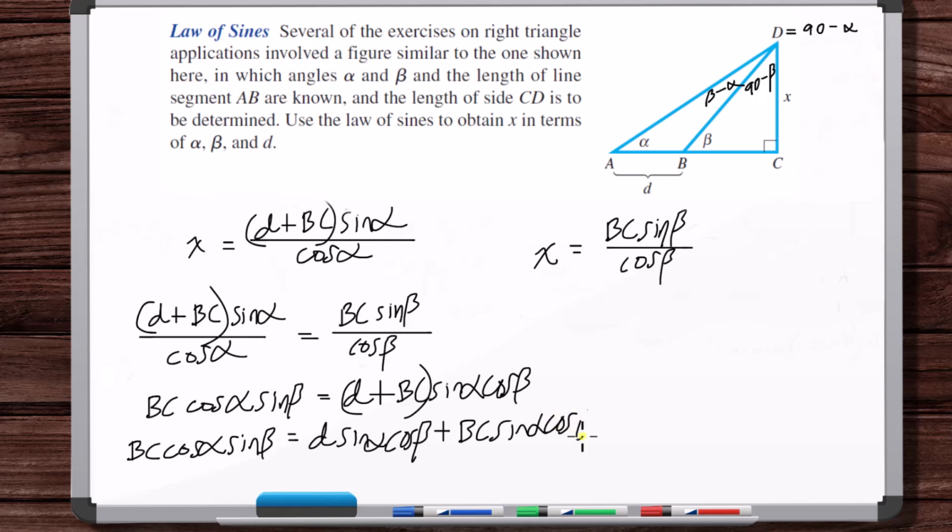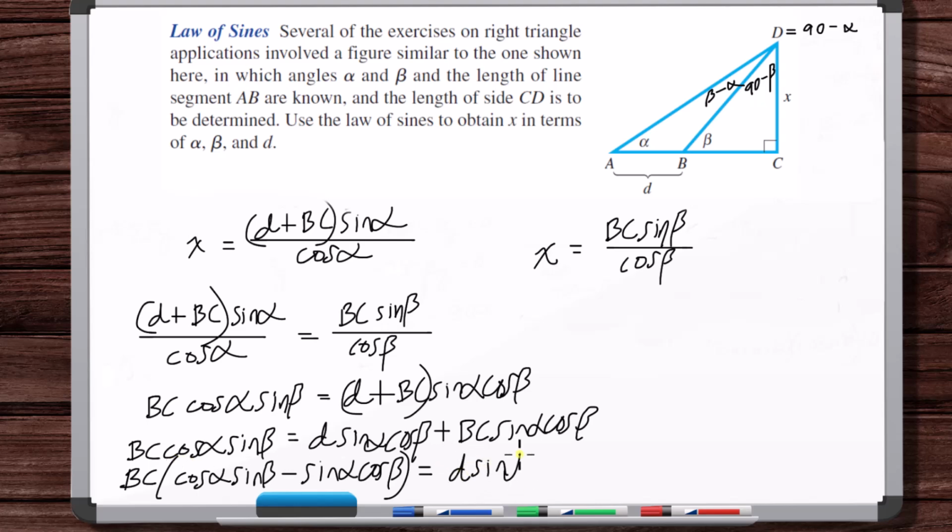Now, subtracting BC sine alpha cosine beta from both sides, we can factor out a BC over here, so we'll get BC times (cosine alpha sine beta minus sine alpha cosine beta) equals D sine alpha cosine beta. We subtracted BC sine alpha cosine beta from both sides, and then factored out this BC.